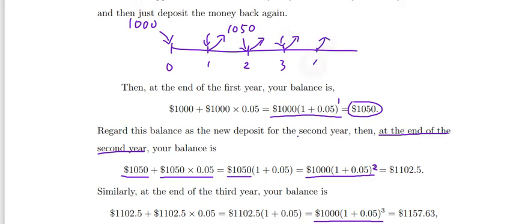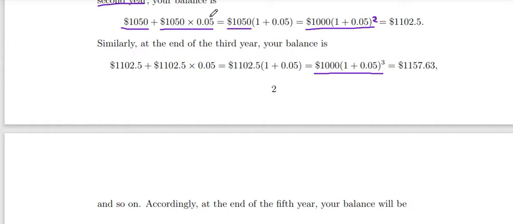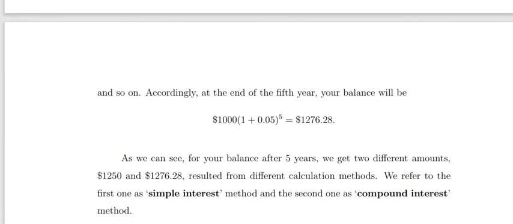Suppose this is at the end of the 4th year, then the 5th year, put it back, then take out. How much can we take? We have 1,000 multiplied by 1 plus 0.05 to the 5th power, right? So at the end of the 5th year, your balance should be this.